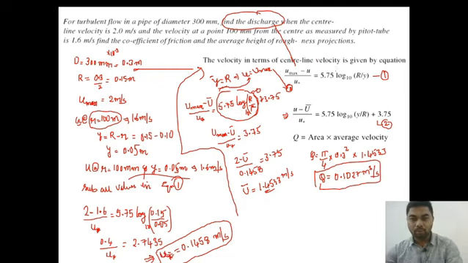So this value will be around log 0.15 by k is equal to 0.8977.